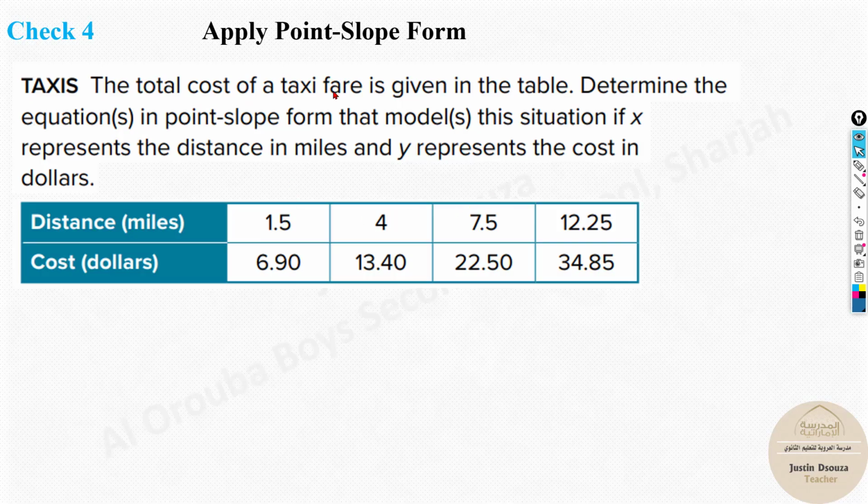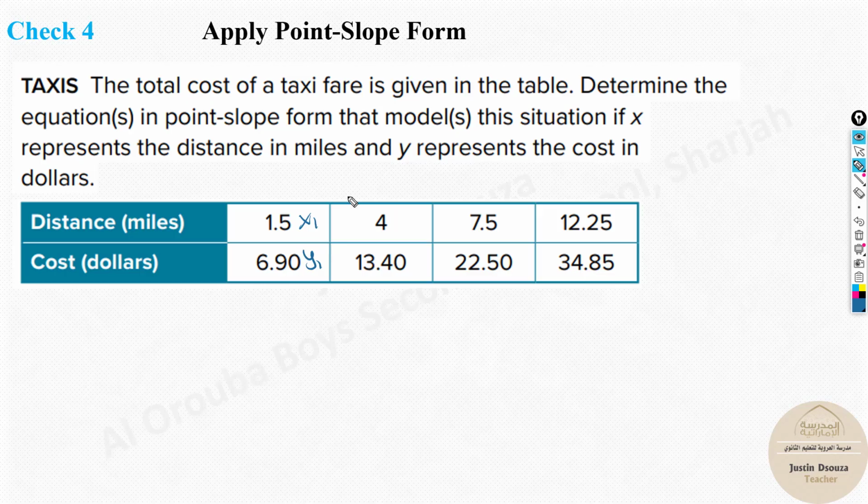And here we have a check problem, same as just now. The total cost of a taxi fare is given in the table. Determine the equation in point slope form. Again, x represents the distance, and y represents the cost in dollars. I just take this as x1, y1.